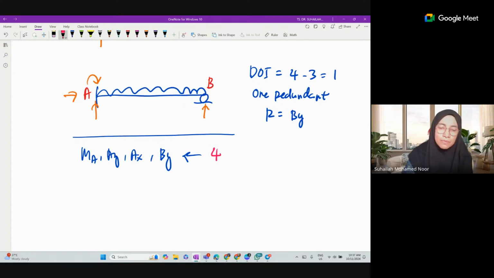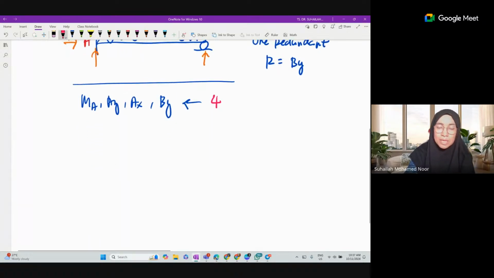For all these 4 unknown reactions, we want to remove one, but we cannot simply remove any one that we like. Because we have to make sure that after removing the redundant, we will have either a cantilever beam or a simply supported beam. It means that we cannot simply remove AY, because removing a redundant reflects the support condition.